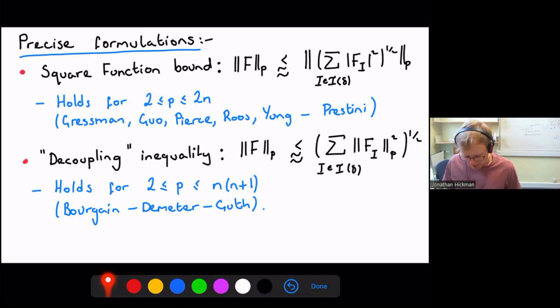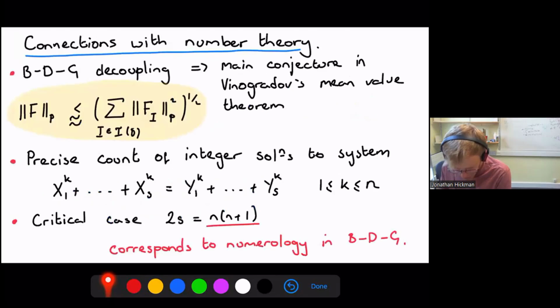And this is the celebrated Bourgain-Demeter-Guth theorem, which has had a startling impact on analytic number theory. So I want to mention in passing the connection between these decoupling inequalities and number theoretic problems. This is very well known, but it helps to contextualize what comes later on.